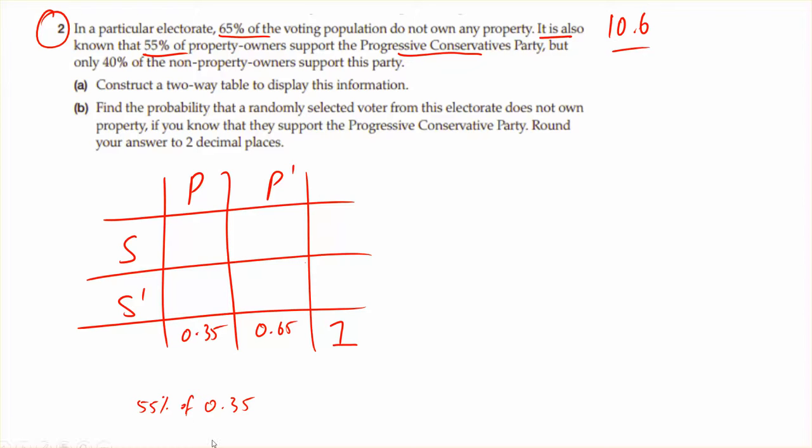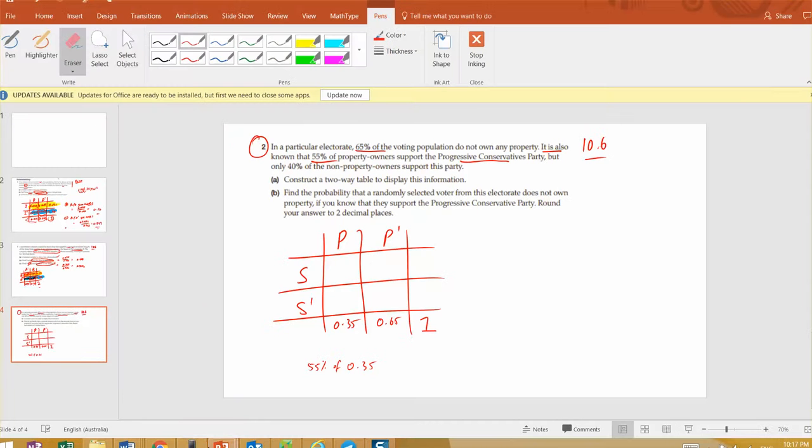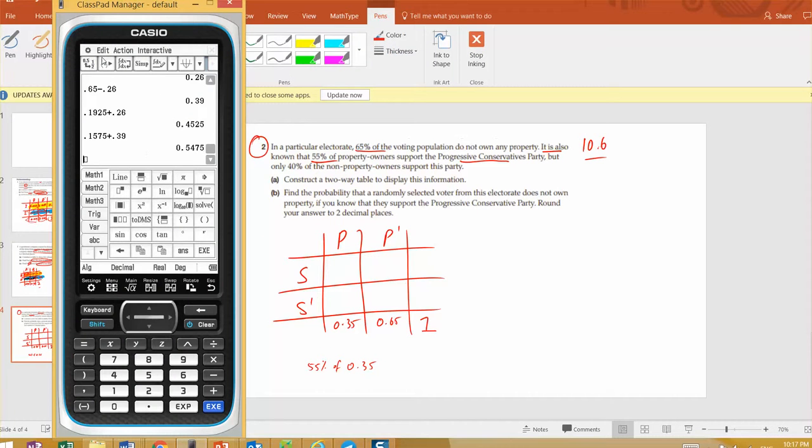Okay, so if I were to fill this in, you just need to find 55% of 0.35, and this is how you do it. 55% is the same as 0.55, times 0.35, you get 0.1925.